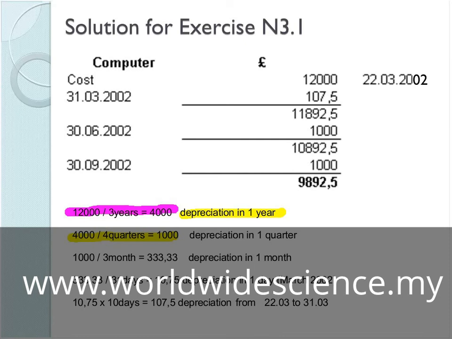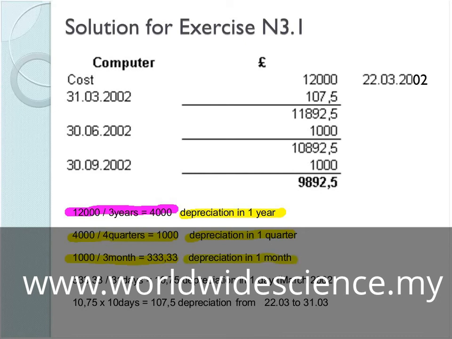It would be 1,000 depreciation in 1 quarter. To calculate how much depreciation we have in months, the 1,000 we divide by the 3 months. We have a depreciation of around 333 in 1 month.